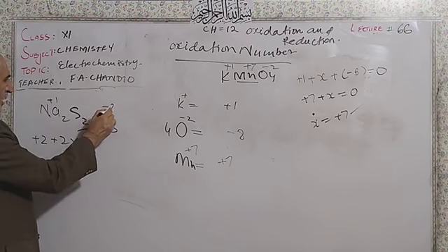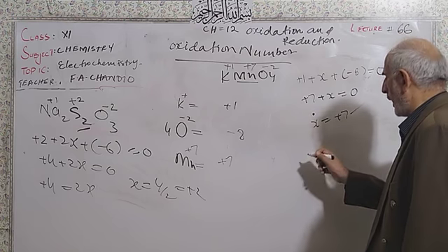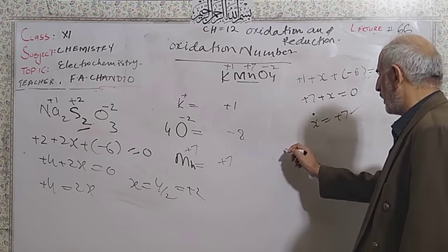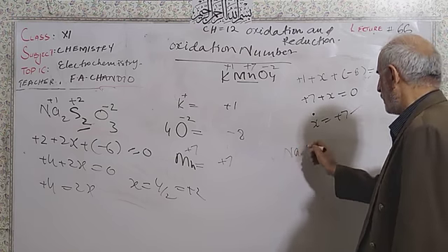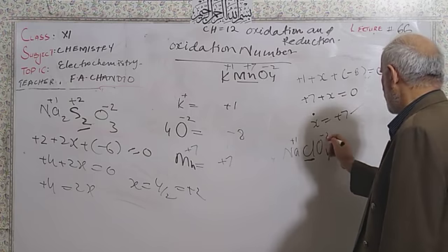So that's why you will be able to calculate oxidation numbers of these unknown elements, just like sodium perchlorate. You want to calculate for the chlorine. Sodium is plus 1, oxygen is negative 2.